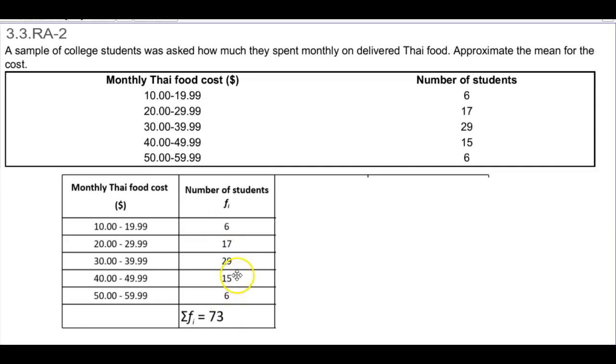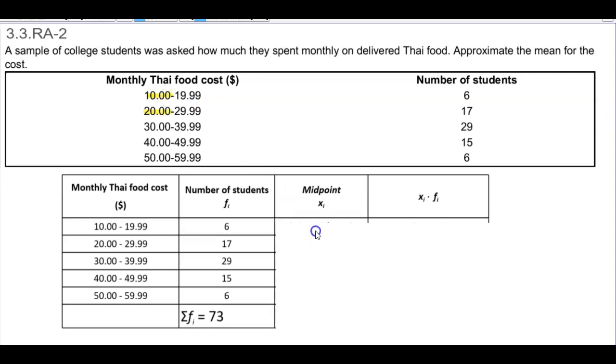Now the next thing we want to do is create 2 new columns. When we're approximating the mean, we need to know how to find the midpoint, and then we take the midpoint and multiply it by each individual frequency. First, we find the midpoint of the first class, using the 2 lower class limits, 10 and 20.